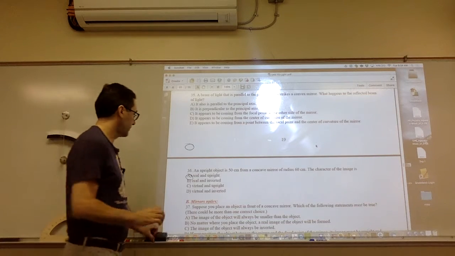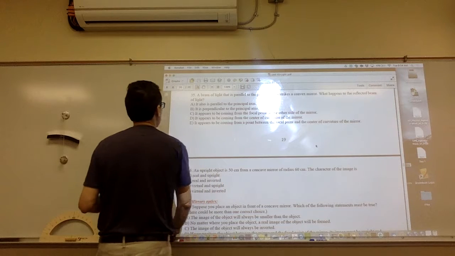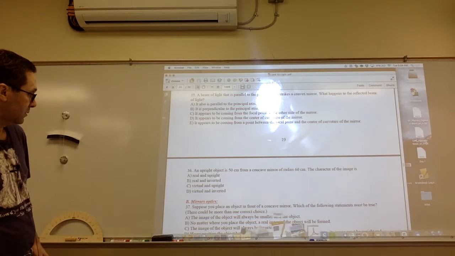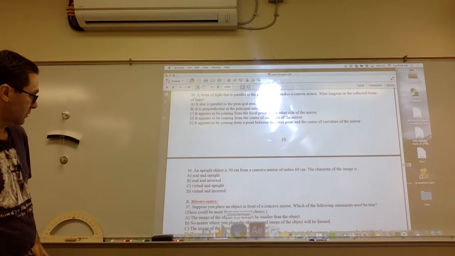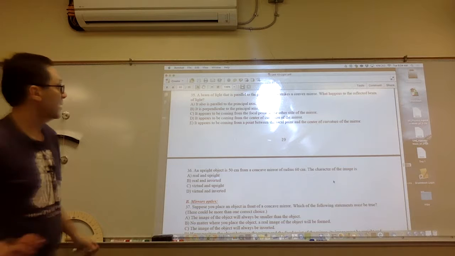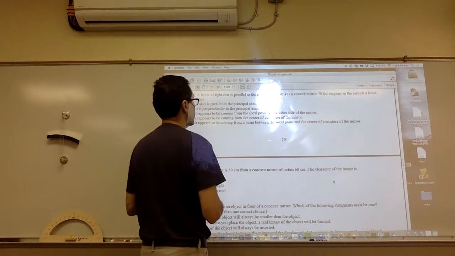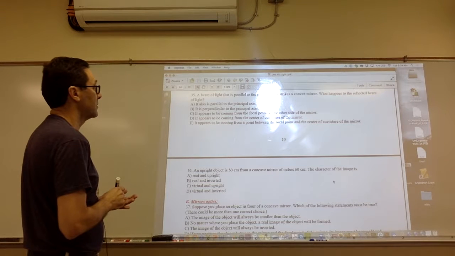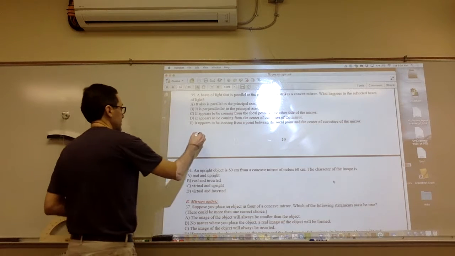Okay, 35. A beam of light, let me just make sure we're still recording here. A beam of light that is parallel to the principal axis strikes a convex mirror. What happens to the reflected beam? So it looks like this.